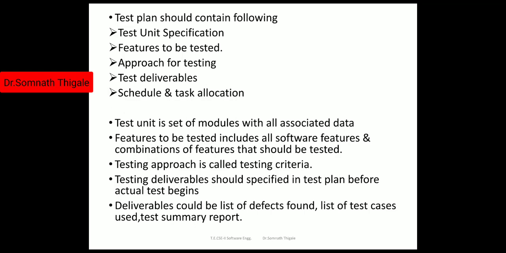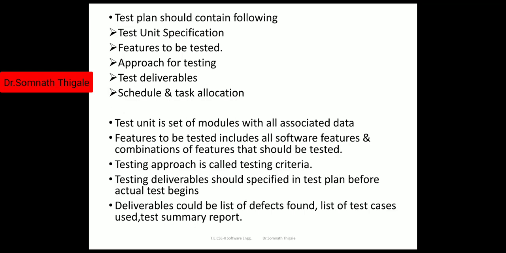Based on that, we have to have a specific task in each level of testing. So based on that, unit testing specifications: what we are going to test at that particular level, which approach we are going to use to perform the testing, what will be the deliverable after the testing, and what schedule we are going to follow. All these things will be discussed as a part of the test plan.